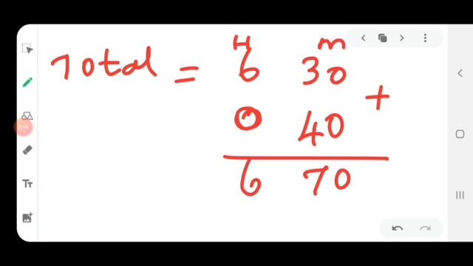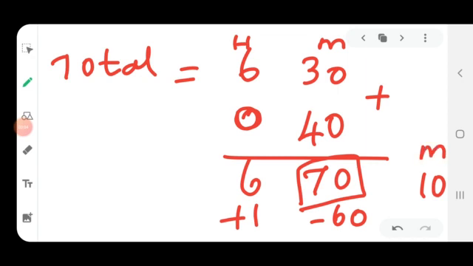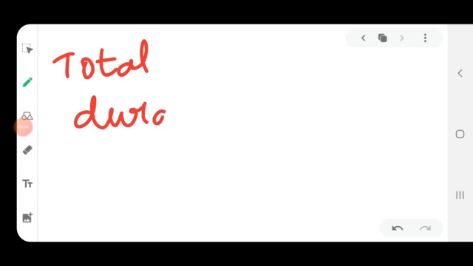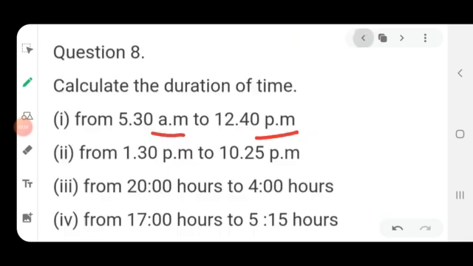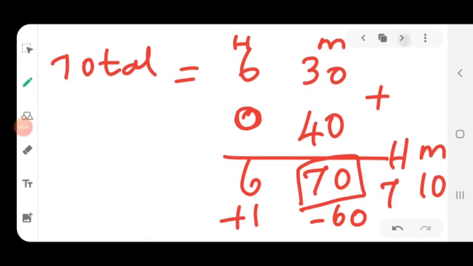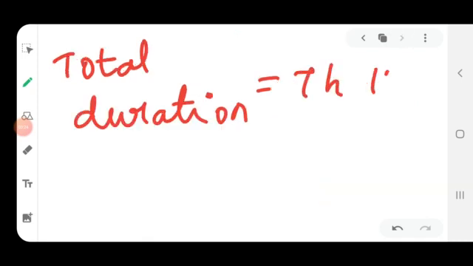I said already, if the minutes are more than 60, we have to subtract 60 and add 1 to the hour. Now 70 minus 60, 10 minutes. 6 plus 1, 7 hours. So the total duration from 5:30 am to 12:40 pm is 7 hours and 10 minutes.